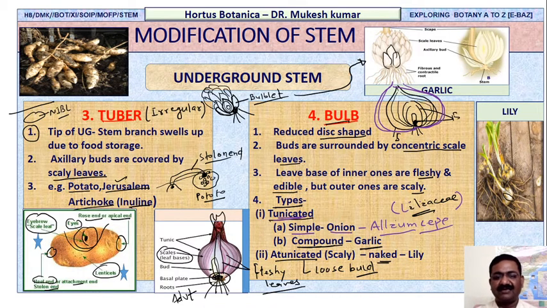This naked bulb is found in the lily, as you see here. So in bulb we have three important examples: the first is onion, the second is garlic, and the third is lily. The most common are onion and garlic. Both belong to the Liliaceae family.